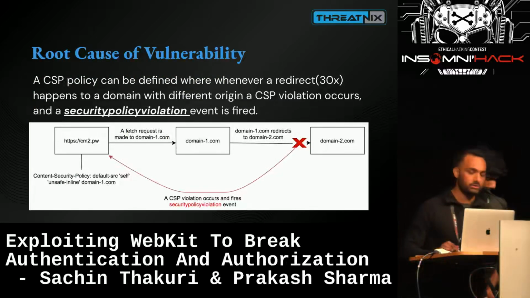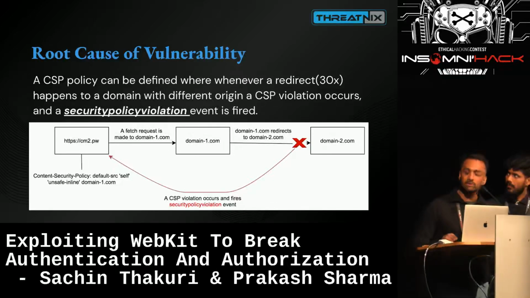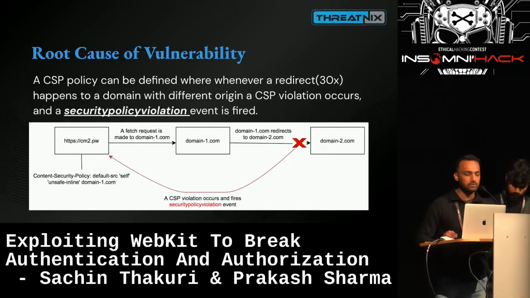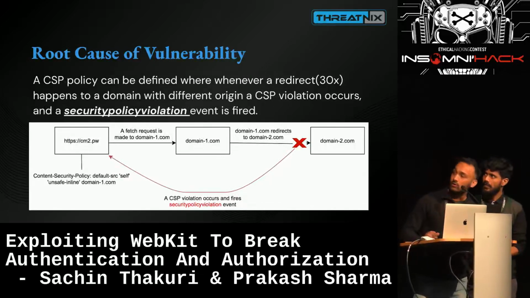Now, let's discuss the root cause of the vulnerability. We can define a CSP policy in such a way that whenever a redirect happens to a domain with a different origin, which is also commonly known as cross origin, a CSP violation occurs and a SecurityPolicyViolationEvent is fired. As you can see in this figure, our domain cm2.pw with the described CSP policy makes a fetch request to domain1.com.